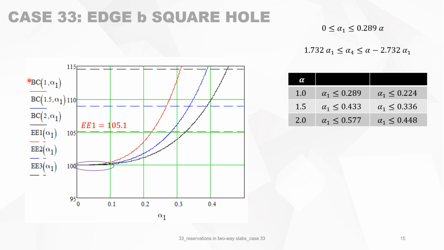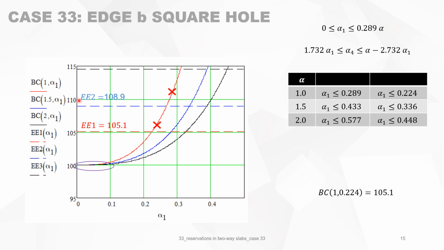The red one is for alpha equals 1, and the bearing capacity there for alpha 1 equals 0.224 is 105. So this is the maximum limit. It means that the formula cannot be used for values higher than this because alpha 1 must be smaller than 0.224. So this portion of the curve is not valid. So only this portion is valid.